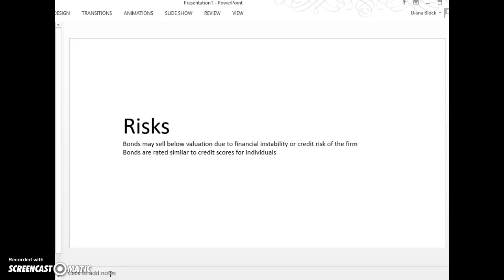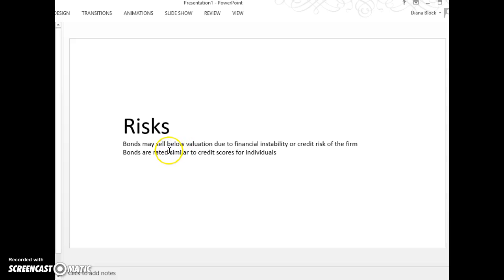However, keep in mind that that is contingent upon the fact that the firm is able to pay you those coupon payments back. Even though they have a contractual obligation, just like we have a personal contractual obligation to pay our bills, if we don't have the money, then we may not pay it. The same thing may happen with a bond. You're owed this money, but there's some risk factors that could cause you not to receive it.